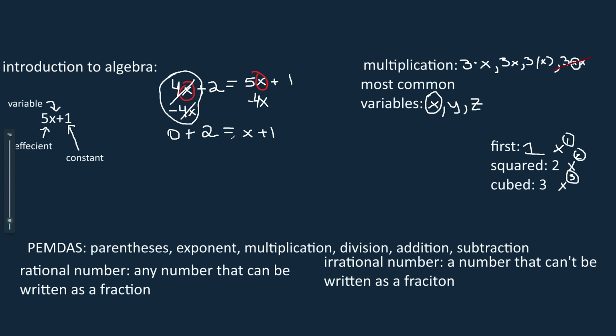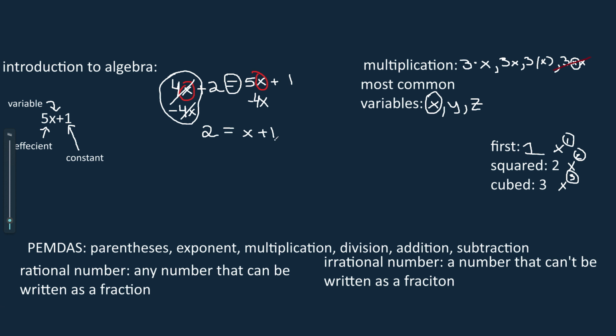However, I'm just not going to write that, because 0 plus 2 is 2. And another reason why we're able to subtract these terms from both sides is because they are set equal to each other.